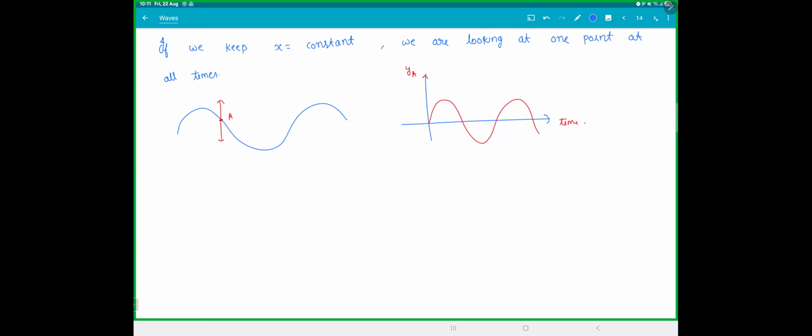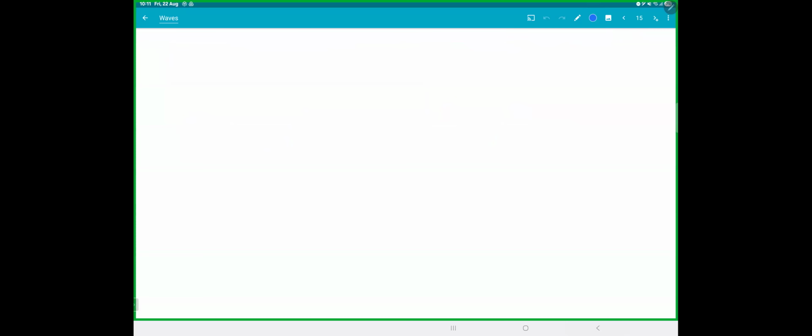Great. So we got a wave equation, but a wave equation, only this condition is not sufficient. So for any equation to be a wave equation, it has to satisfy three conditions.